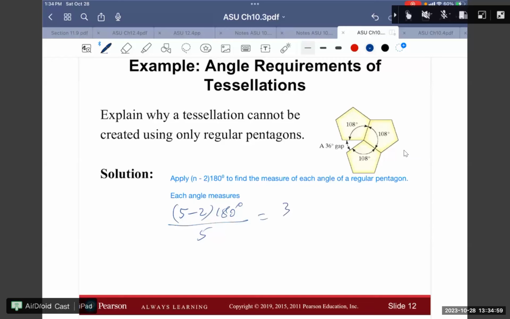So we got 3 times 180 over 5, which gives 108 degrees for each angle.